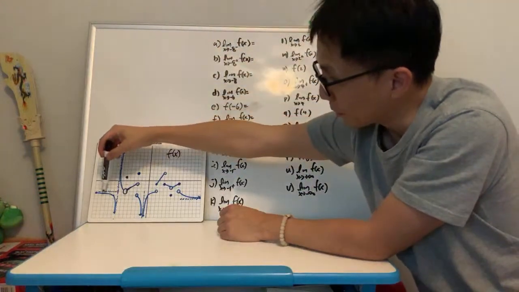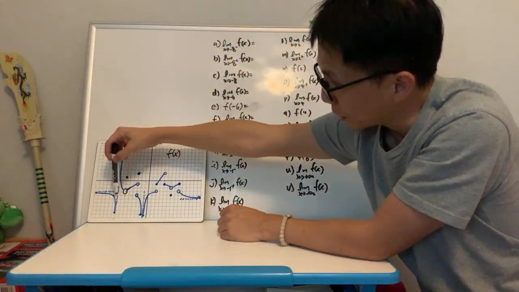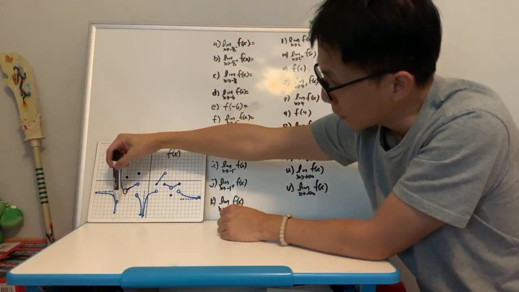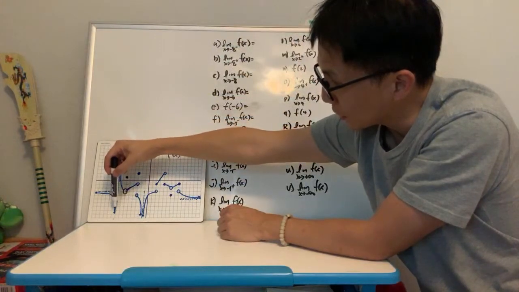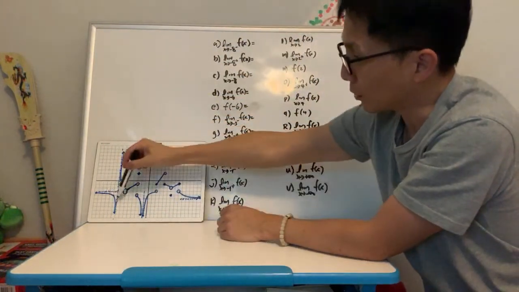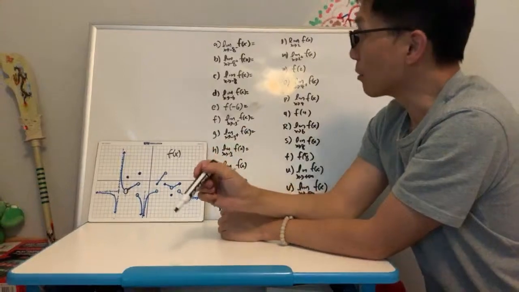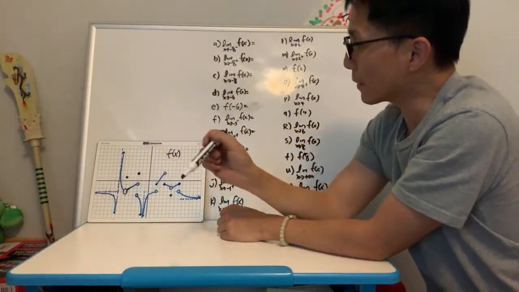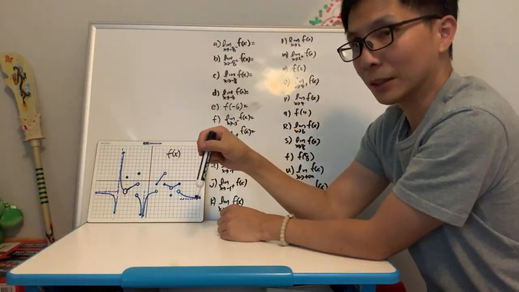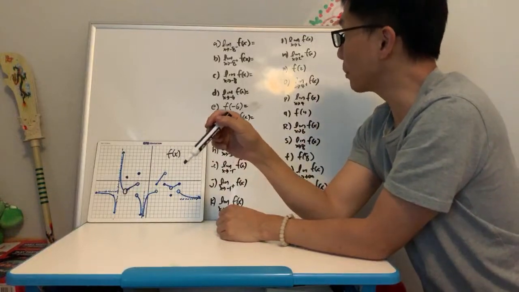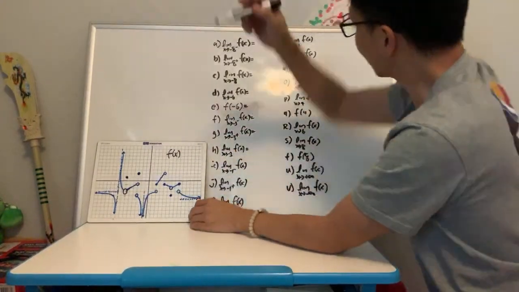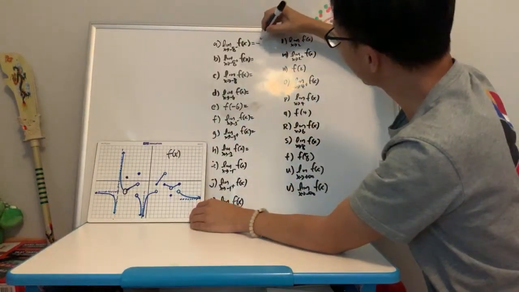So that means I'm coming from this side, approaching -8 from the left. If you see this graph, it's going to go down according to the asymptote. If it goes down like this, that means it's going to negative infinity. So here I'm going to put my answer as negative infinity.